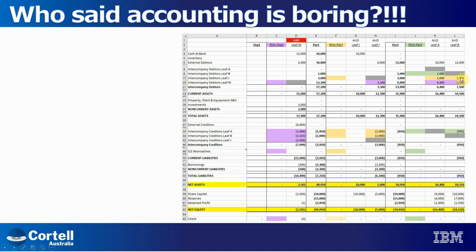B and A are both saying that J owes them money, and J is acknowledging the intercompany creditors, A and B, and the amounts due balance. They're doing their jobs properly.